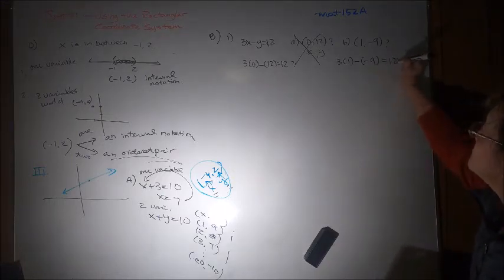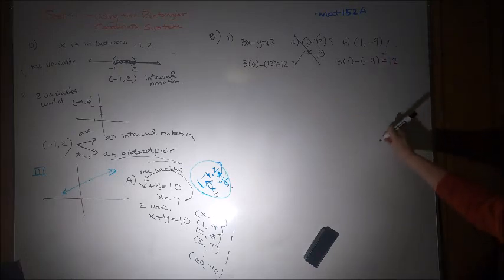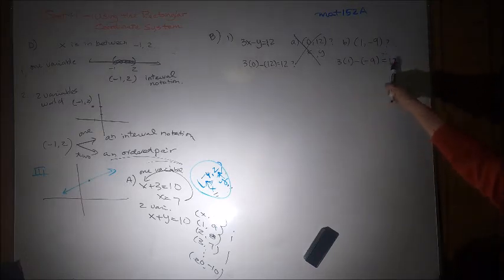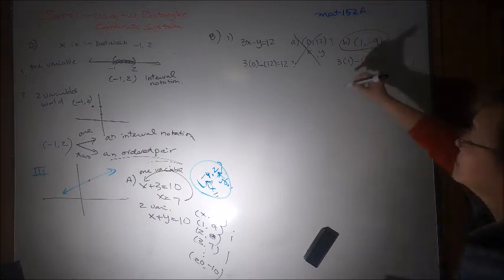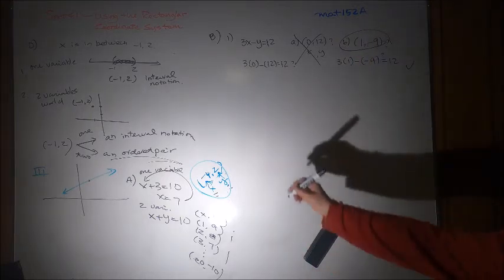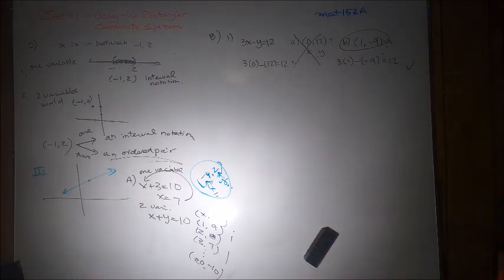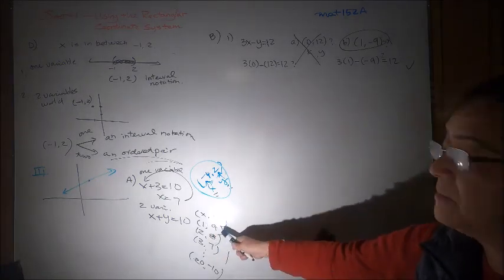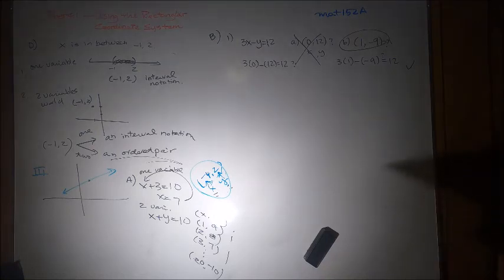Is that 12? We ask. 3 plus 9 is 12. So this one is one of the solutions for the equation, because for x, y, two variables in one equation, there can be many answers.